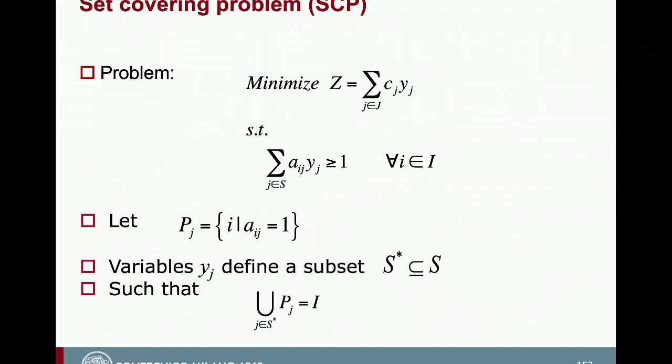In such a case, if we take the union of all the coverage sets associated with the decision vector y, then basically what we are asking the problem is to have the union of these coverage sets be equal to the set of test points. So basically the idea is that we want to cover all possible test points with a number of coverage sets, Pj, such that the cost is minimized.